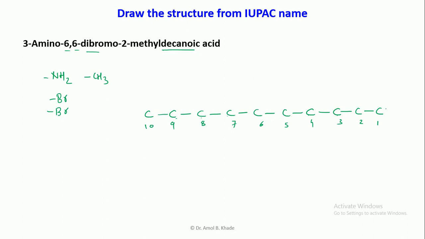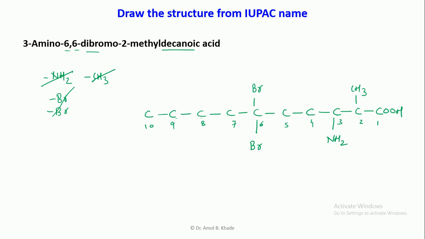Okay, so let's say this is a carboxylic acid, because we have given number 1 to this carbon, so this will be a carboxylic acid. Then at carbon 2 we have a methyl, and at carbon 6 we have a dibromo, so we can attach 2 bromine atoms here, and at carbon 3 we have an amino group, so there will be an amino. Okay, so we have attached this amino, bromine is attached, methyl is attached, so it is a decanoic acid.